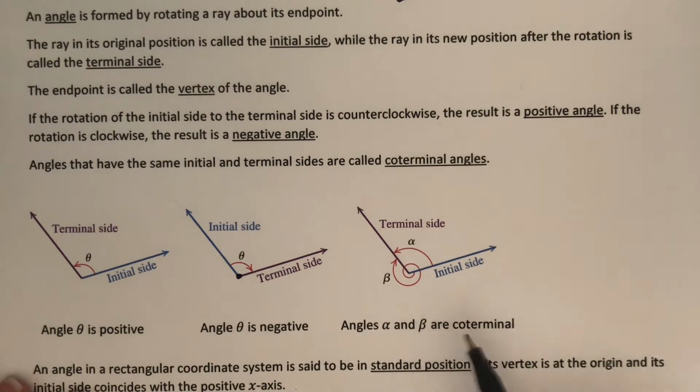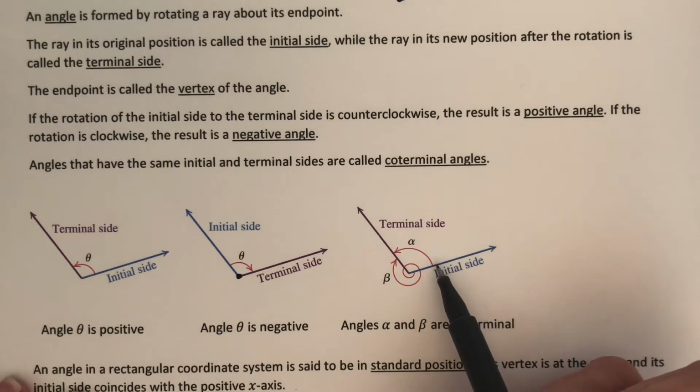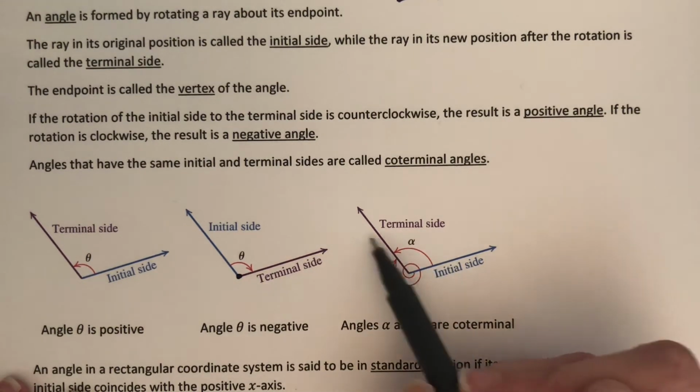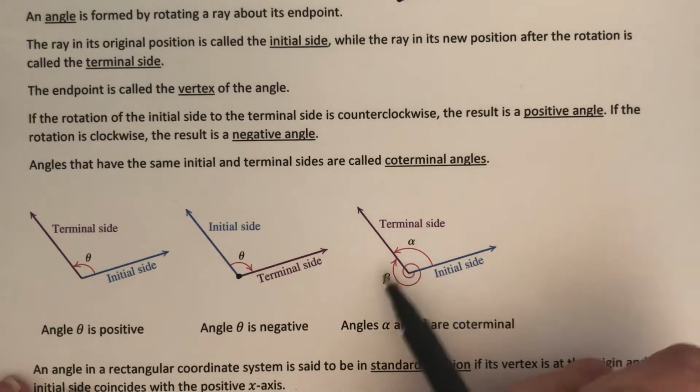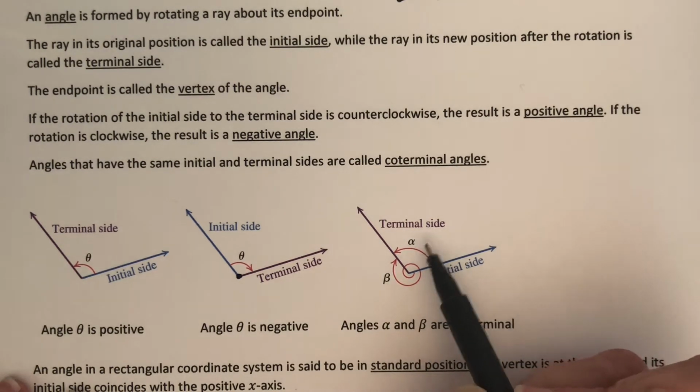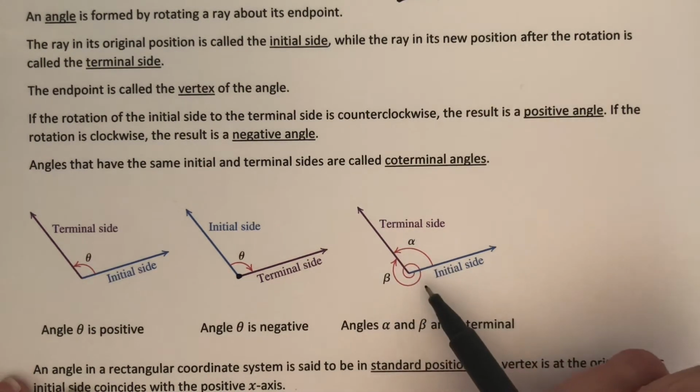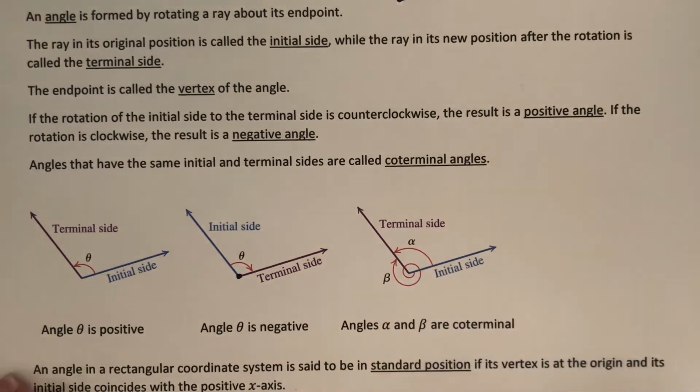Now, we can rotate a bunch of times and end up right back at the same side. Even though this beta would be a negative angle, alpha would be a positive angle, we end up with exactly the same terminal side. So we say that those angles are coterminal.